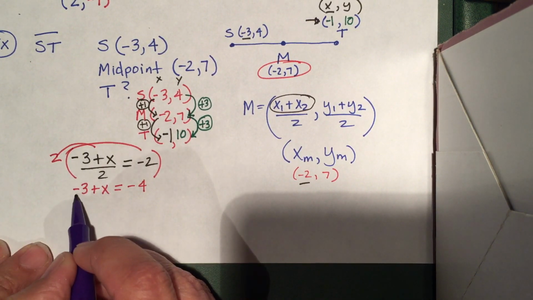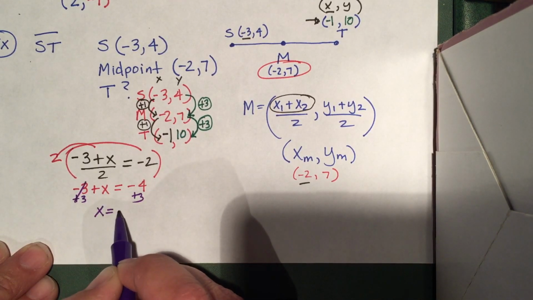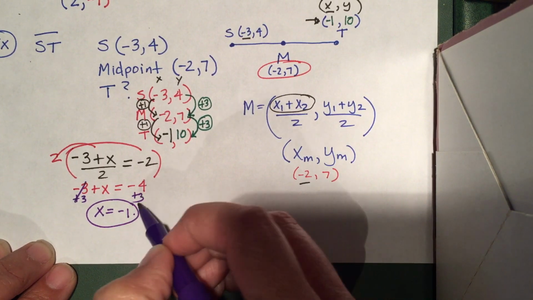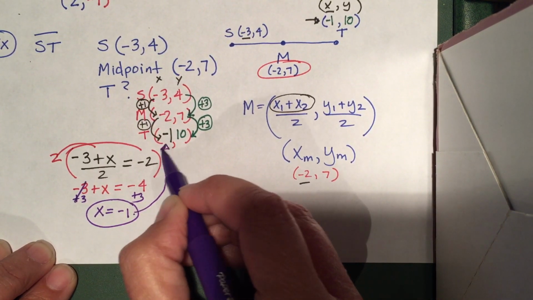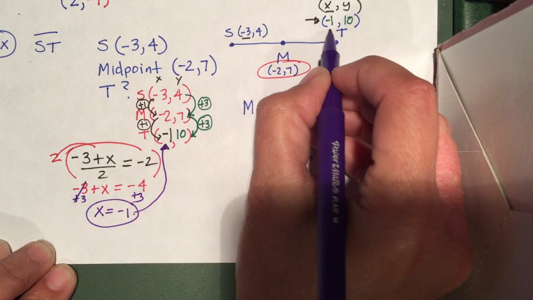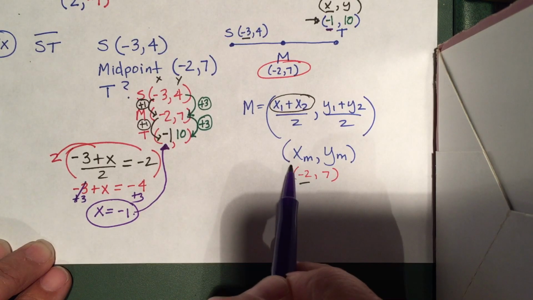To solve this, I'm going to add 3 to both sides. And so x equals -1. Now I want you to look. What did we get up here? We got -1. That's where we got this. It's the same thing, except I'm just setting these equal.